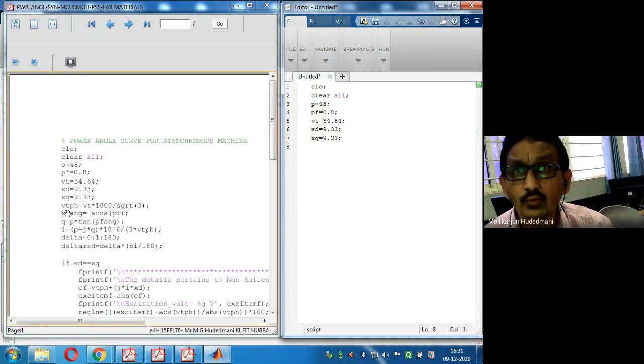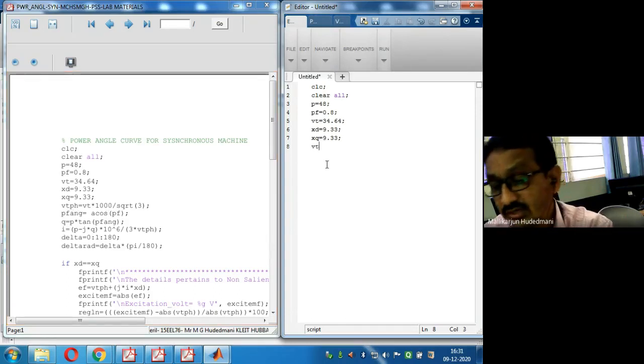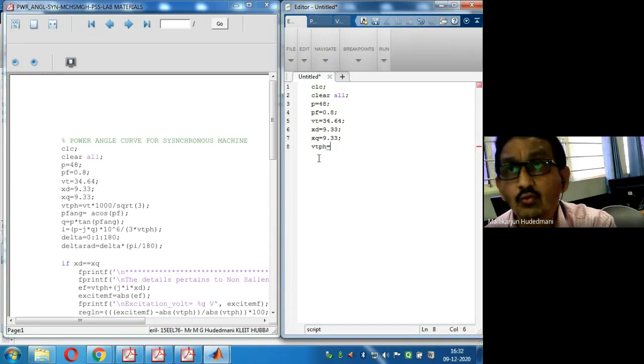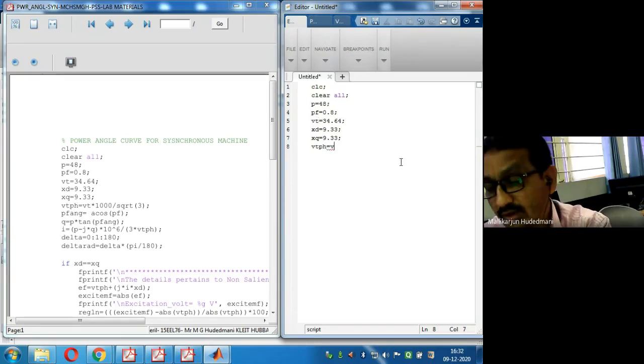What is VTPH? Voltage per phase. It should be VT divided by root 3. I write here VT into 1000, slash SQRT 3 semicolon.